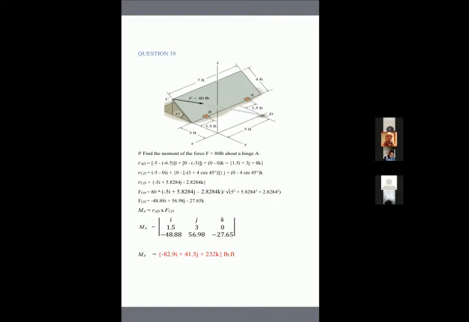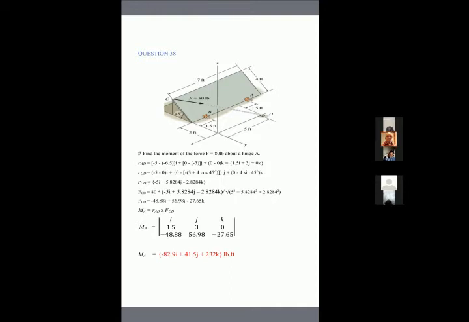But in case anyone has a problem with getting the moment, you should be able to ask me at the end of the lecture. I'll explain. So our moment at point A happened to be negative 2.9i plus 41.5j plus 232k. The units are pounds feet.